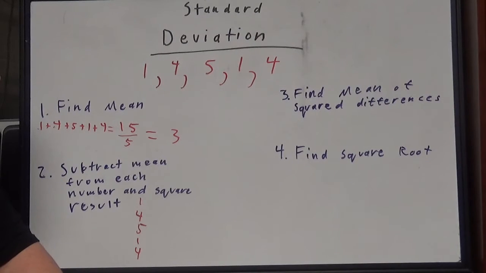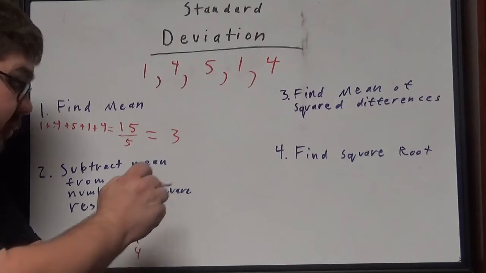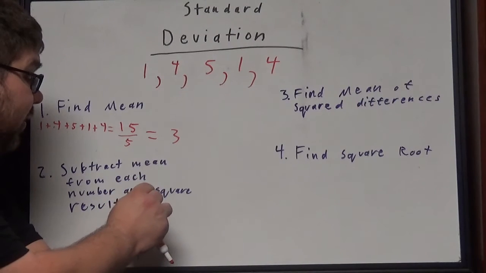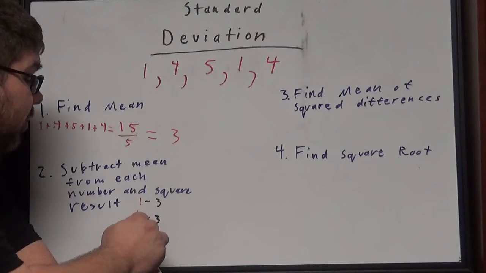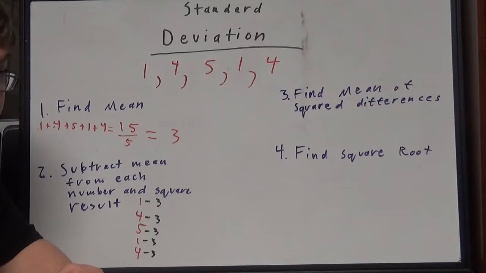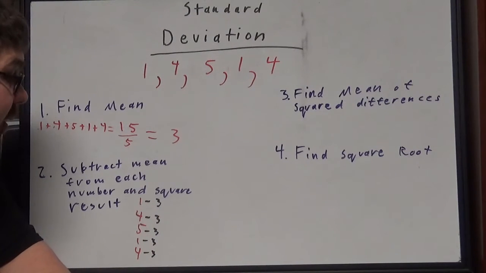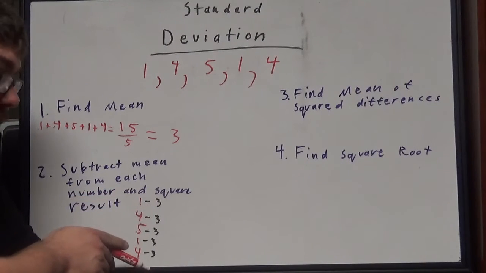So now I'm going to subtract 3, I'll use a different color, from each number. Again, when you have a lot of numbers, this can be kind of time-consuming, but it's okay. So I have my list of numbers, and I'm subtracting 3 from each number.